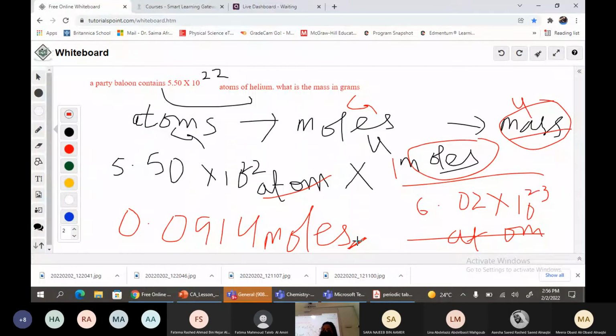Yes, Fatma? Very good. You did so fast. Correct. 0.36. Fatma, can you share your screen and do it here? In your teams?